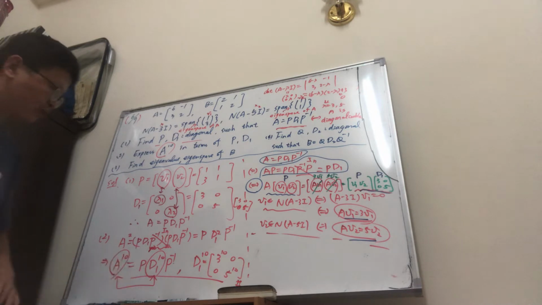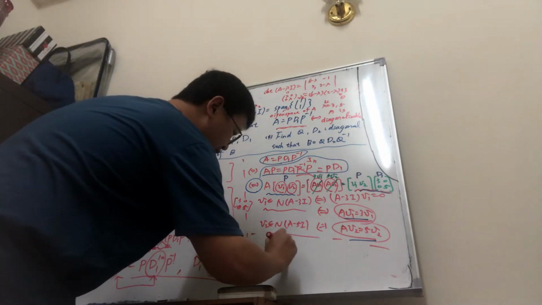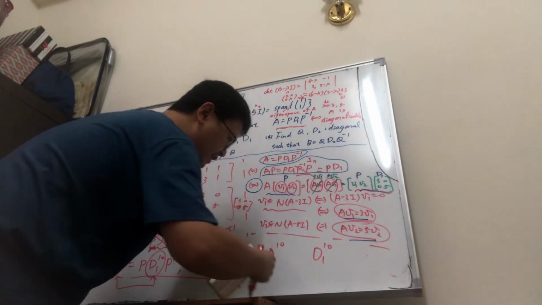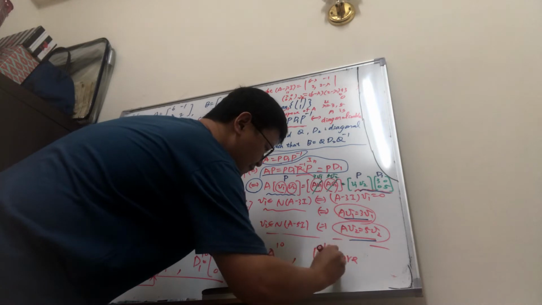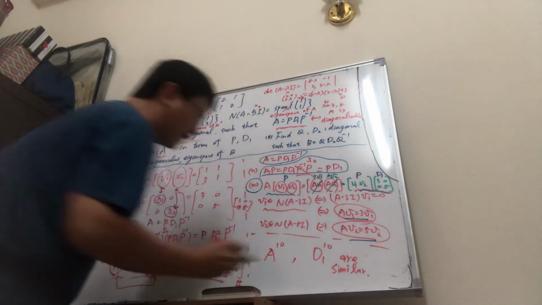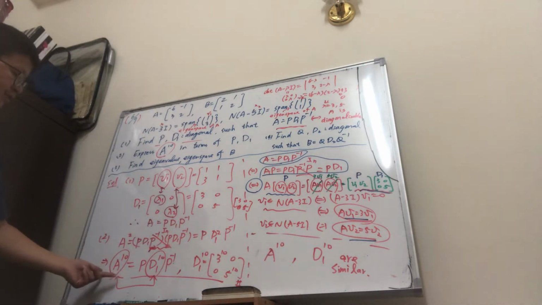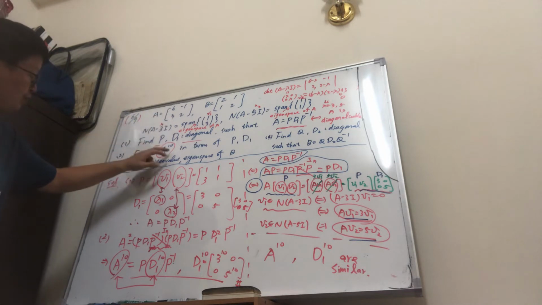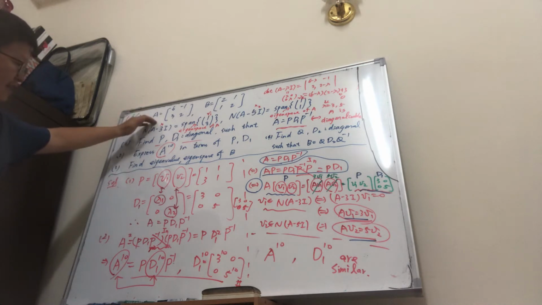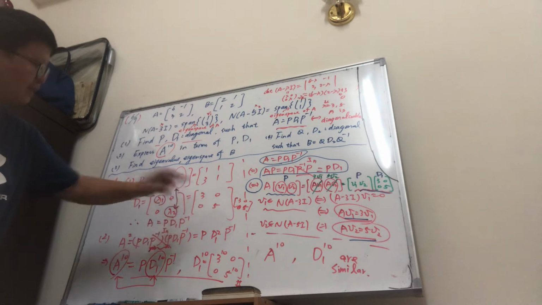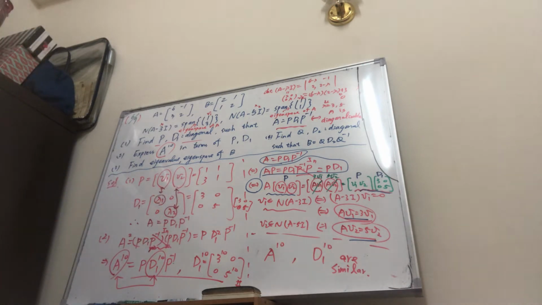So these two matrices are similar, and in other words, they have the same eigenvalues. So if you want the eigenvalues of A to the power of 10, you just need the eigenvalues of A and consider their 10th power. So that's the first and second questions.